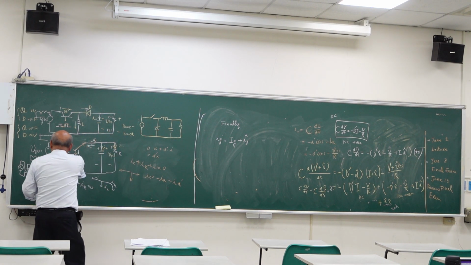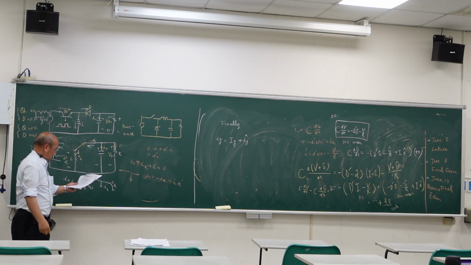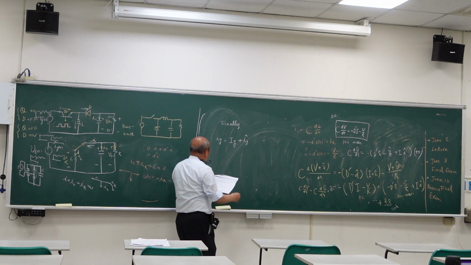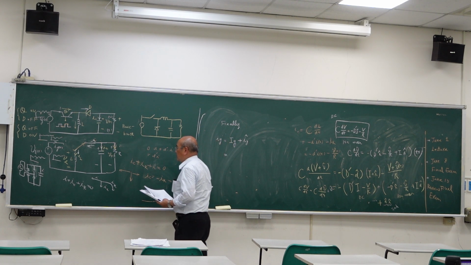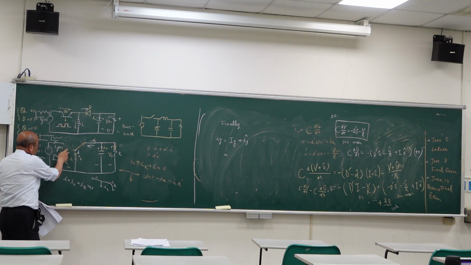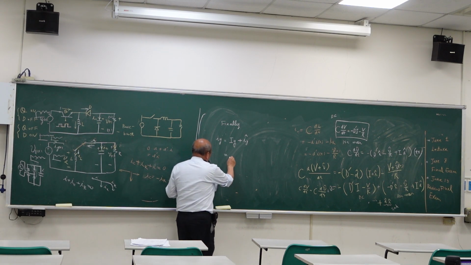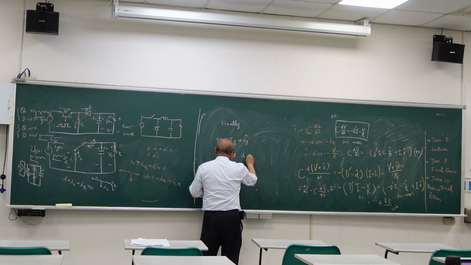So for this current, we have DC and AC. How can we describe this current? This current should be equal to QT multiplied by IL, right?